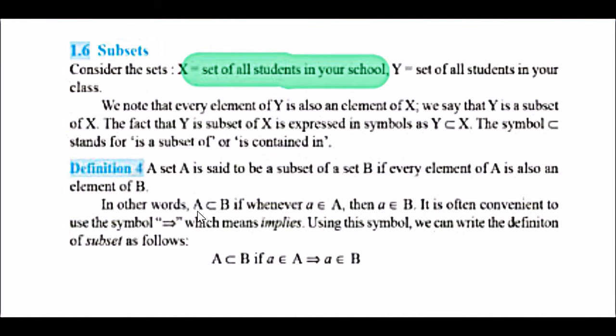So if you take any element, say any boy, yourself, you belong to A, that means you belong to your 11th class, you also belong to the school. So we say that A is a subset of B if a belongs to A implies a also belongs to B, right?